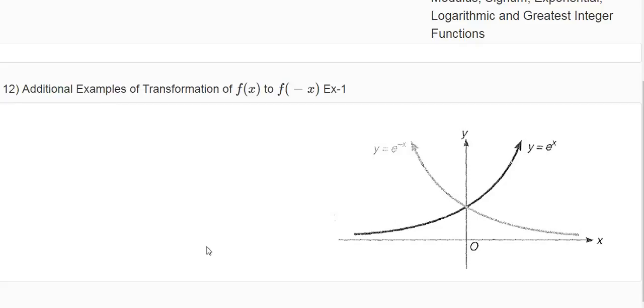Now let us take the example of transformation from f(x) to f(minus x). In the earlier case we had transformed the graph of y is equal to e to the power x to y is equal to minus e to the power x, and had taken the mirror image along the x-axis.